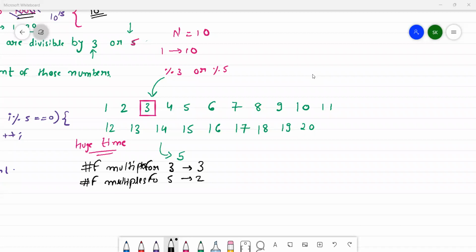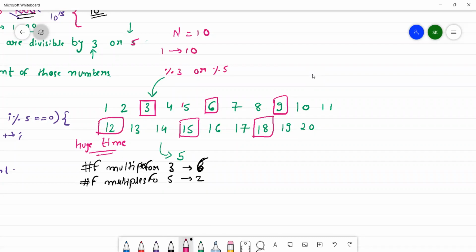Okay, let's quickly see it. 3, 6, 9, 12, 15, 18. So the total number of multiples for 3 is 6.